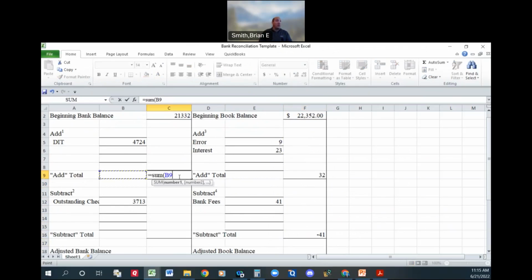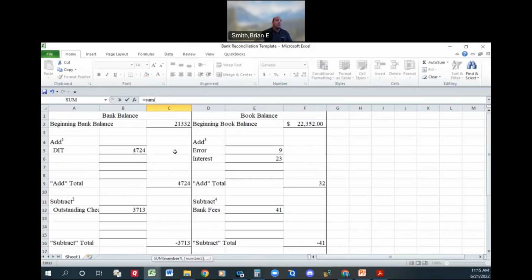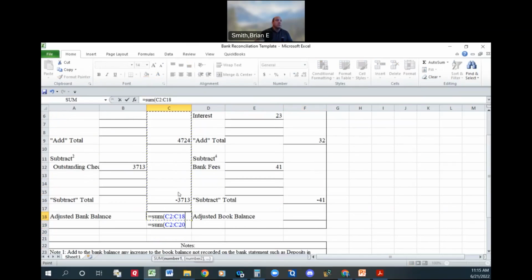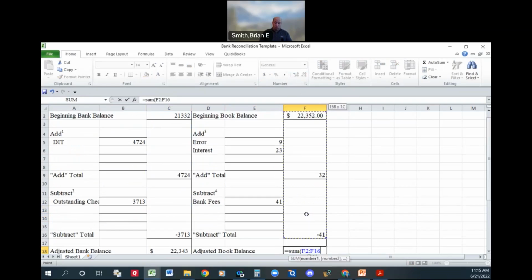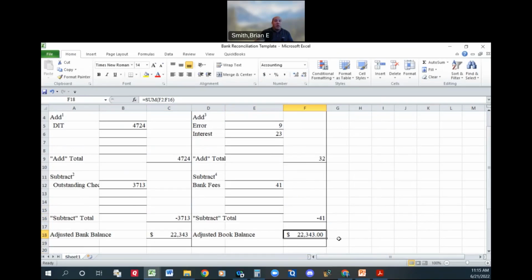And if we did this correctly, we will have both of these balances equal at the end. Yay, they equal.